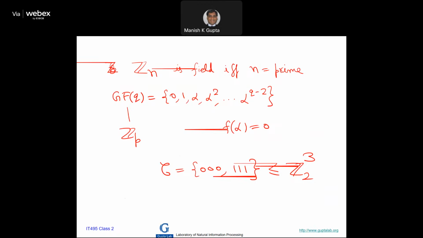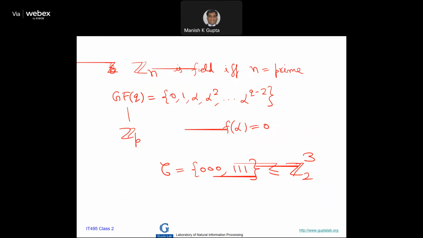Geometrically, take the plane, and any line passing through the origin will work as a one-dimensional subspace. How many lines are passing through the origin in R square? Infinitely many, right? There are so many directions. Any direction you draw a line passing through the origin will be a one-dimensional subspace. So this is the idea of a subspace.